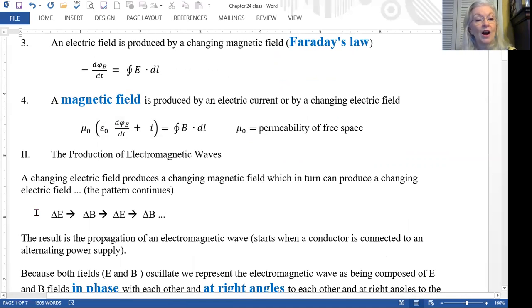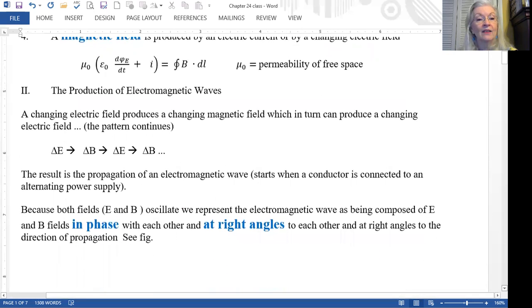So changing electric fields produce changing magnetic fields. We talked about this in the previous couple of chapters, and how, if you vary the position of a wire with respect to an outside magnet, you can induce a current in the wire. Well, the reverse is true. Changing currents can produce changing magnetic fields.